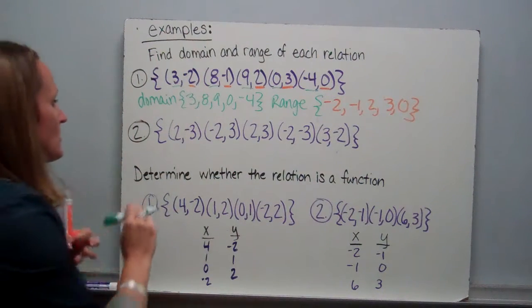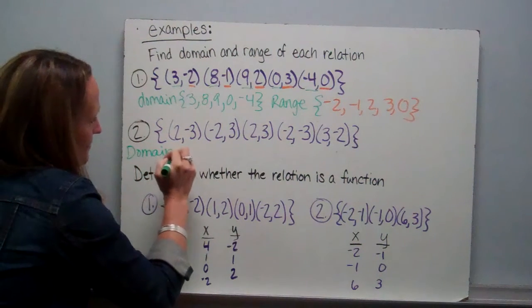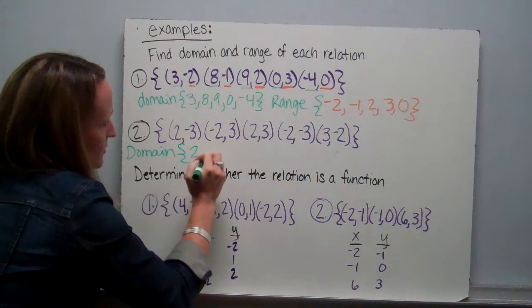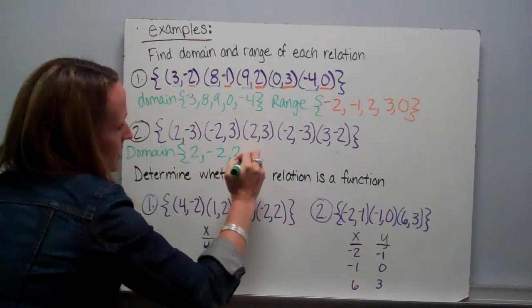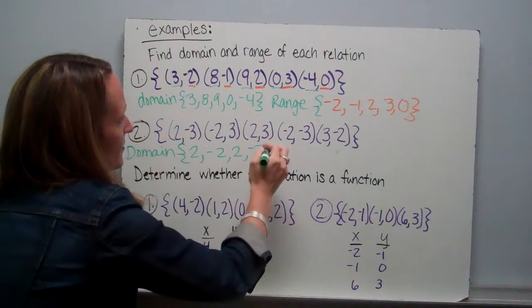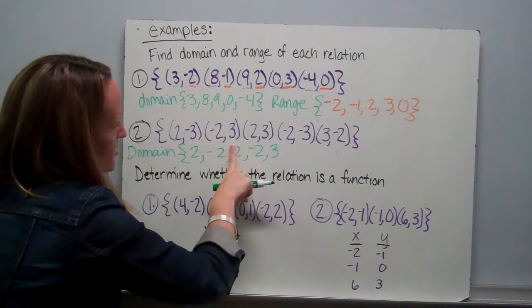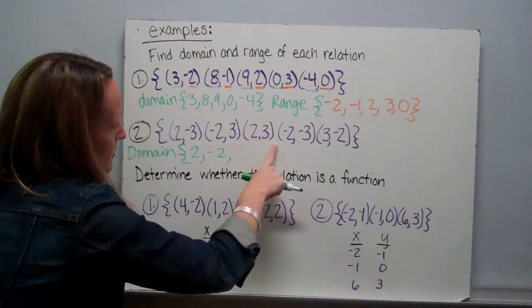So let's come down here and do another one. Domain of this. We have 2, negative 2, 2 again, negative 2, and 3. And really I could have shortened this and just said 2, negative 2, and 3.